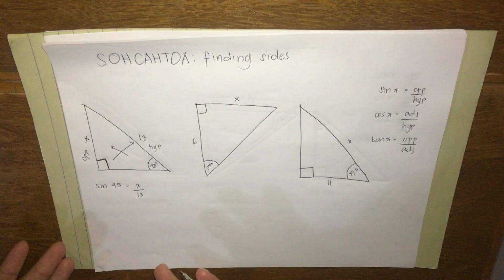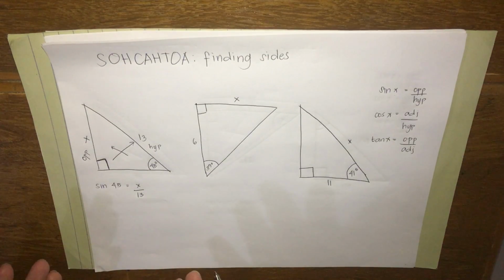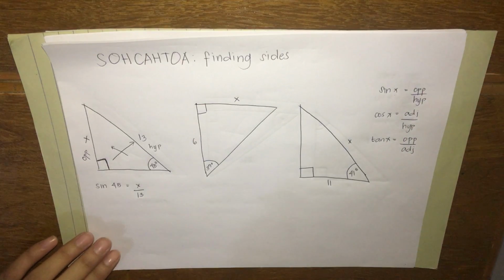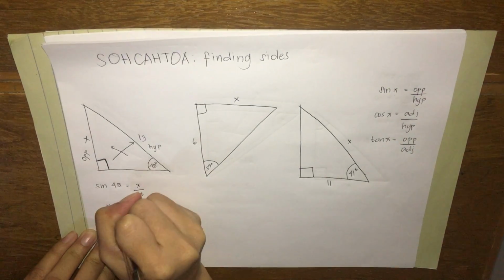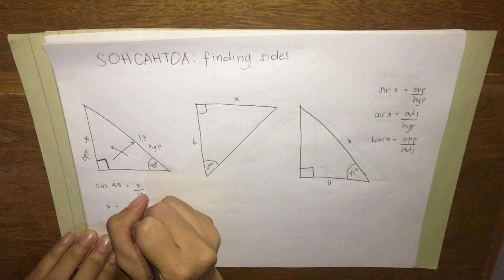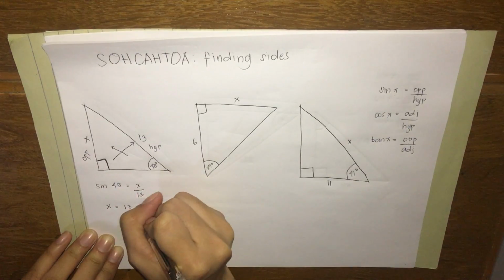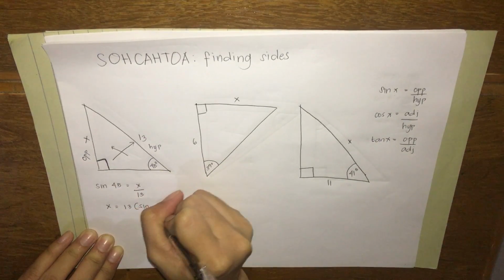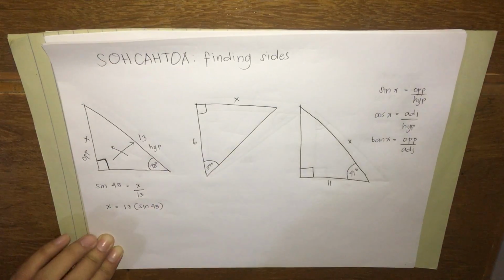So we now have the equation. But before we solve for x, we're going to rearrange it first to find the measurement of x. So x is equal to 13 multiplied by the sine of 45.